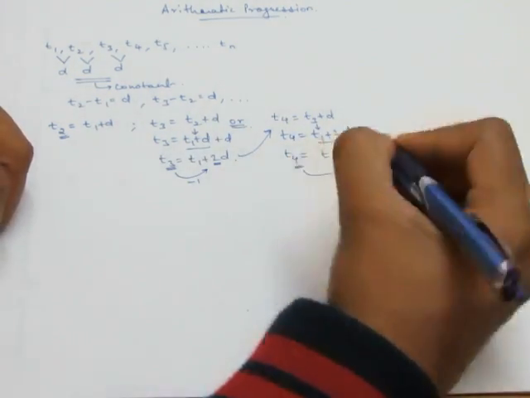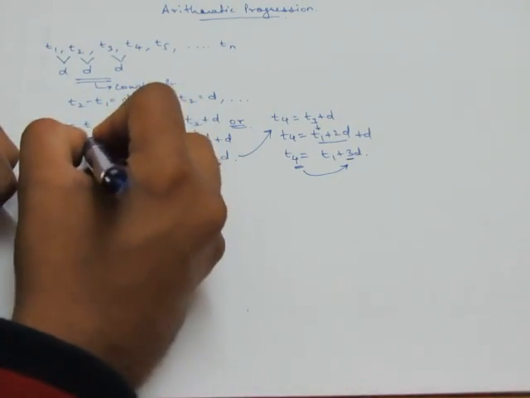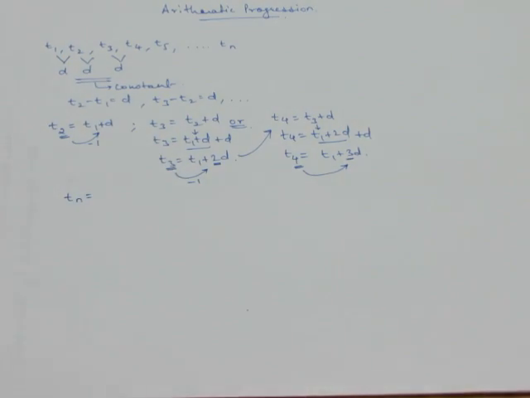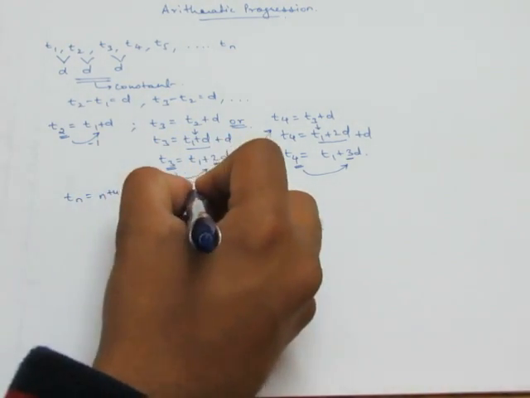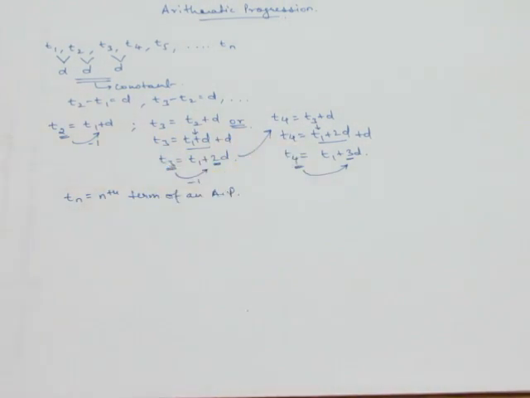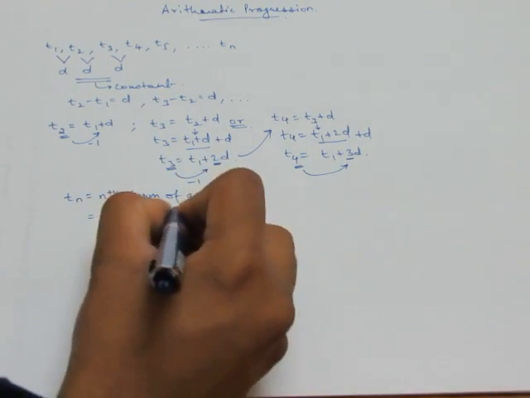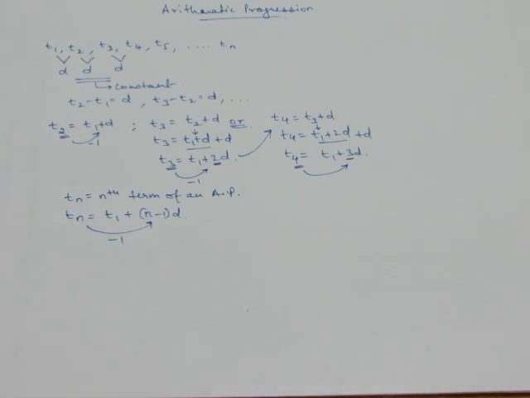If it is 4, we get 4 minus 1 as 3. 2 minus 1, 1. So I can say Tn, which I define as the nth term of an AP, can be written as T1 plus n minus 1 D, right? This much is clear.